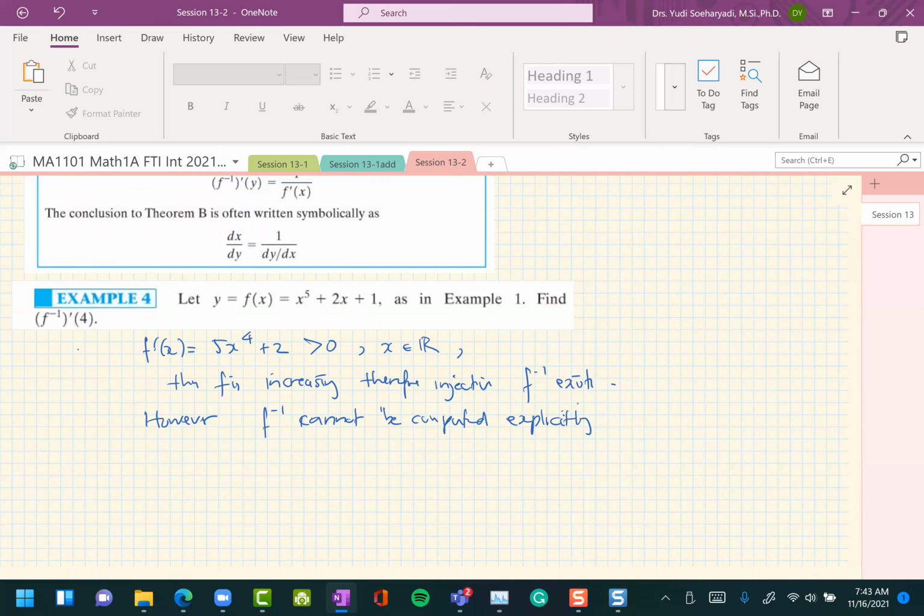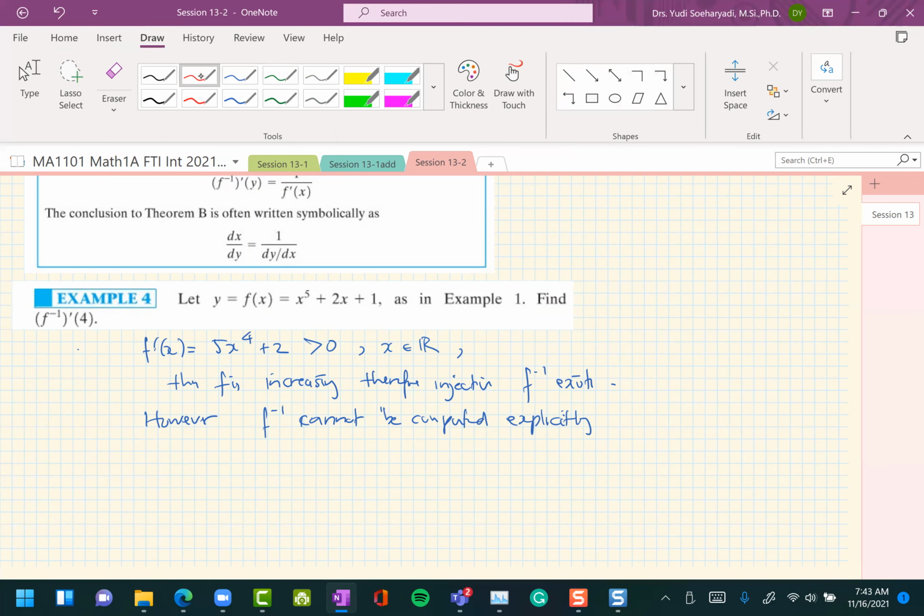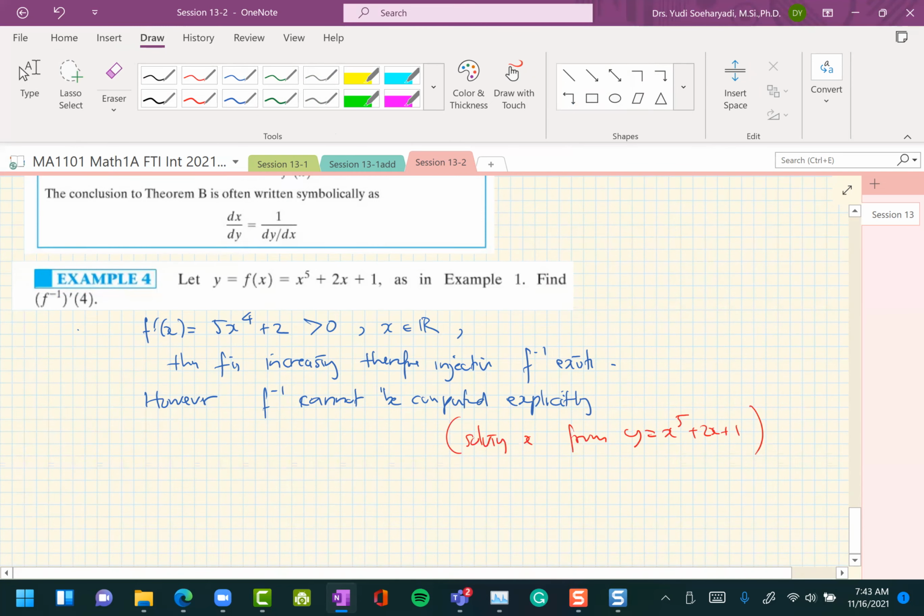But you have to solve for x. So how do you get the expression of the inverse?